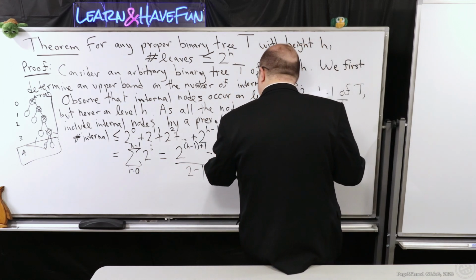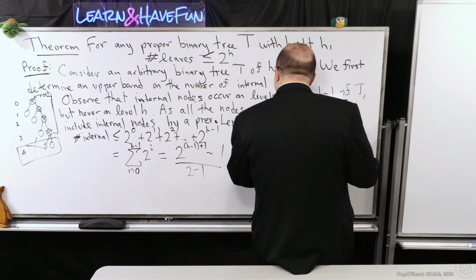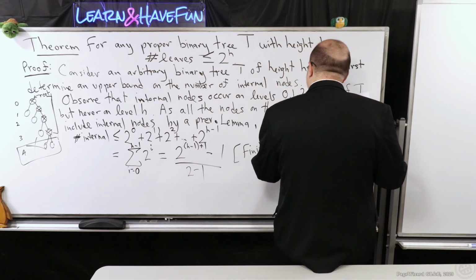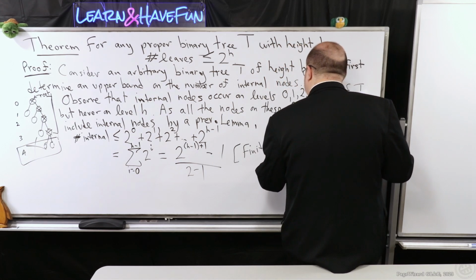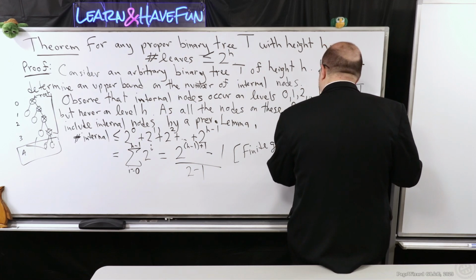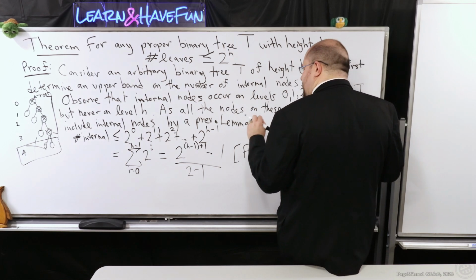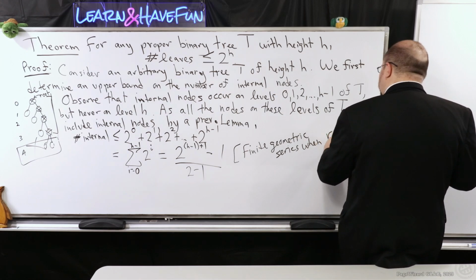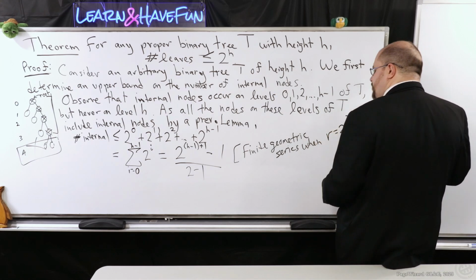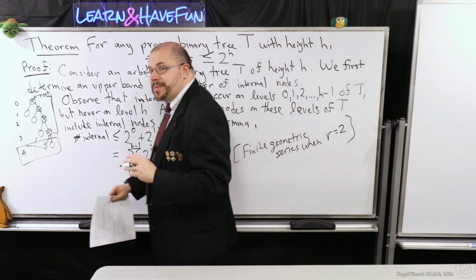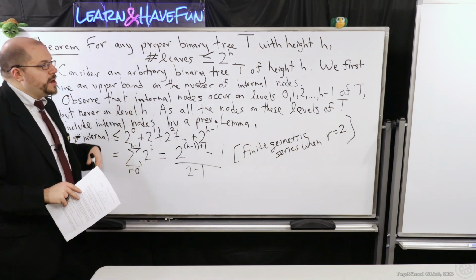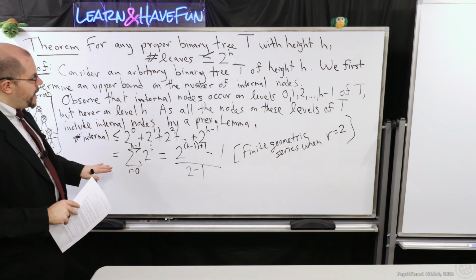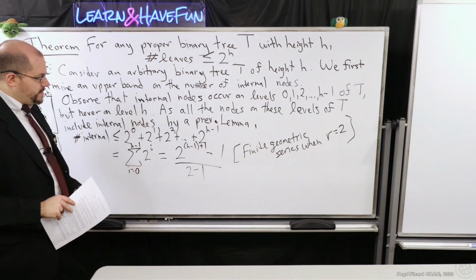So I'm just employing that this is a finite geometric series, where what is typically called r in the expression is 2. If you're not sure where I got this from, it's a closed form expression for the finite geometric series. I've just specialized it in this case, okay?